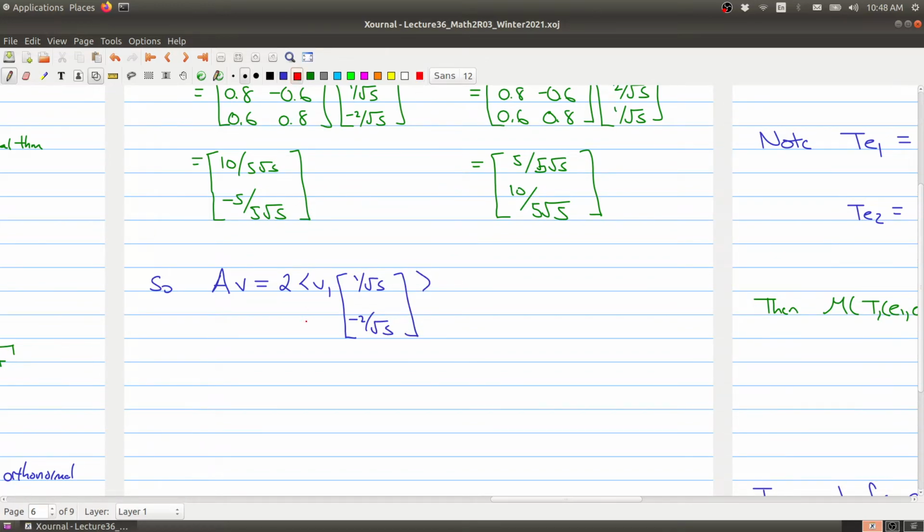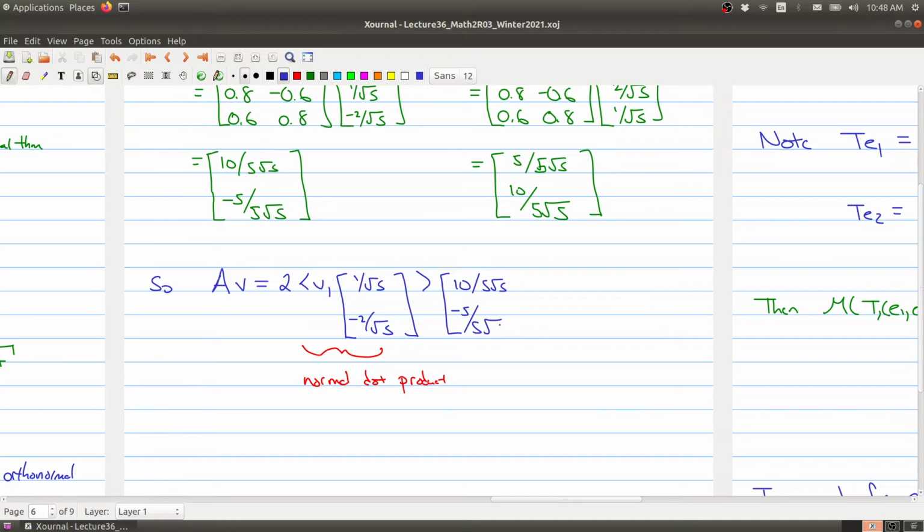Here this inner product is the normal dot product. And then I'm multiplying it by my second basis element, the F.